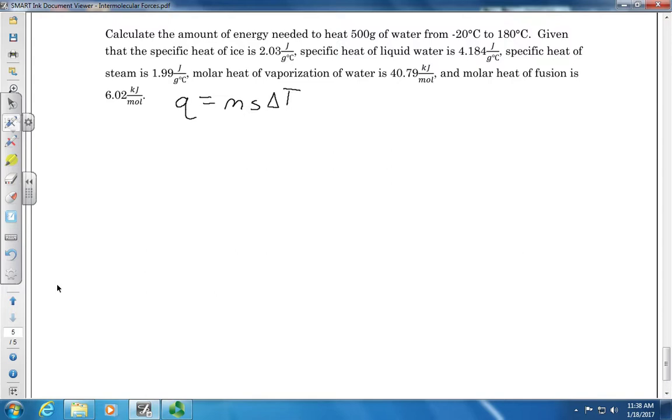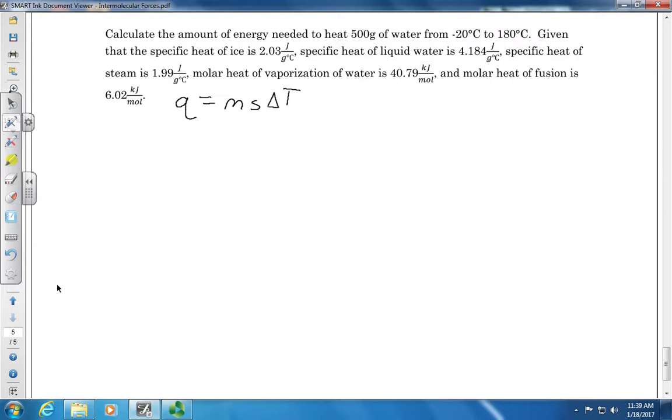And then from 100 to 180, it is steam, and you're only accounting for the change in temperature. So there are two types of equations that we're going to deal with. One of them is Q is equal to m s delta T. The second equation has to do with simply relating the mass with the number of moles and the molar heat of vaporization, converting that mass to moles so that we can account for it.